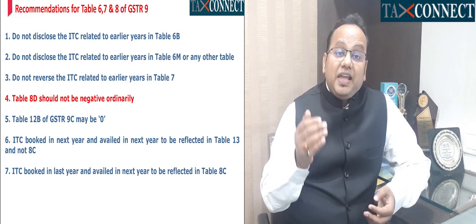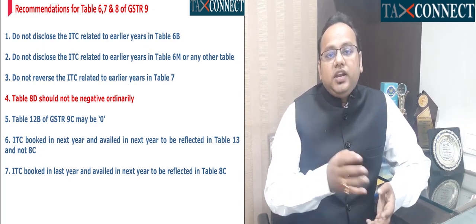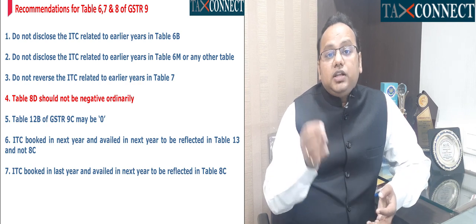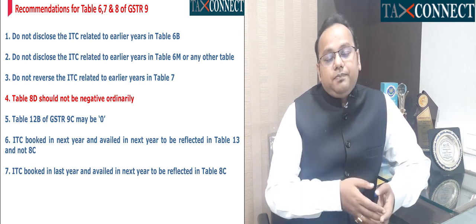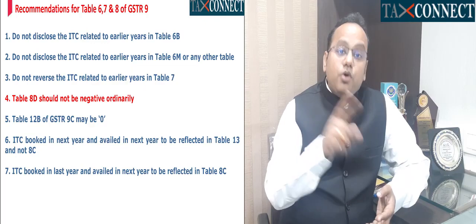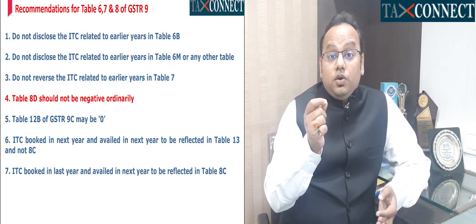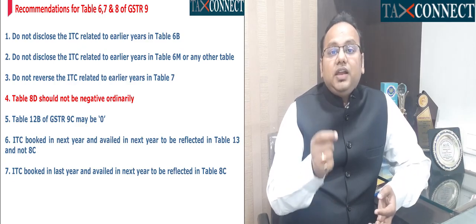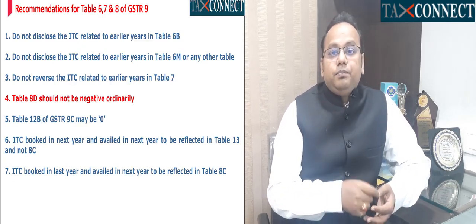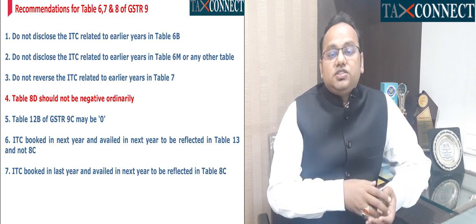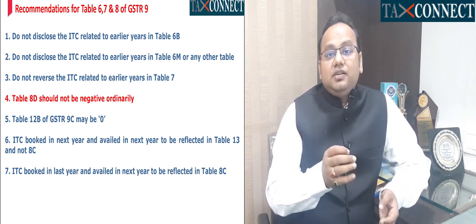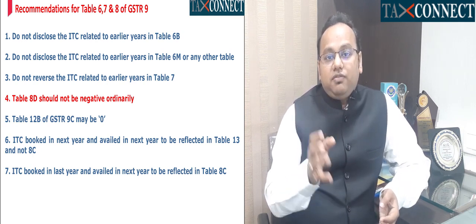Again, in table number 8C, you need to put in those ITC which you have booked. I am using the word booked, mind that. Which you have booked in 2018-19, but the credit of which you have taken in 2019-20.